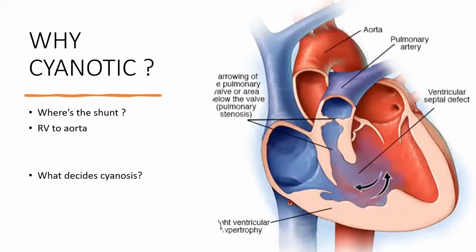Next question. What decides the cyanosis? Again, most of us think it is the VSD. It is not the VSD which decides the cyanosis. The cyanosis is decided by the pulmonary blood flow, because ultimately, whatever blood goes into the pulmonary artery gets oxygenated and comes back, and that is what is going to save the patient. So the patient is alive in a tetralogy of Fallot.